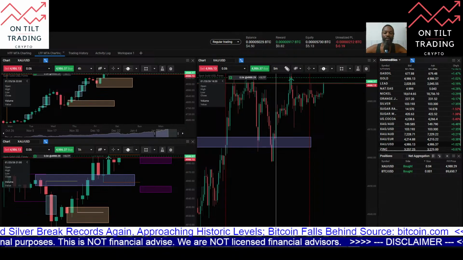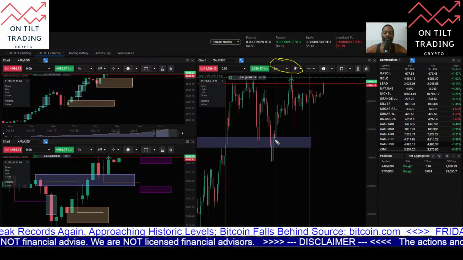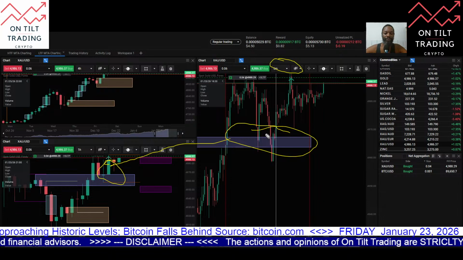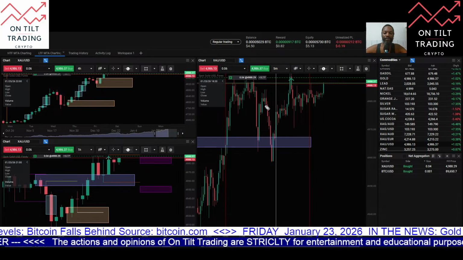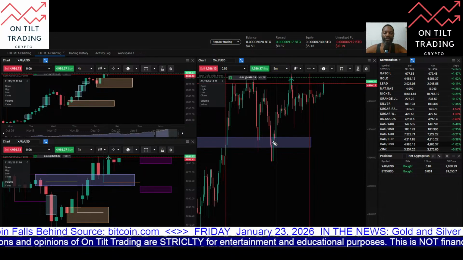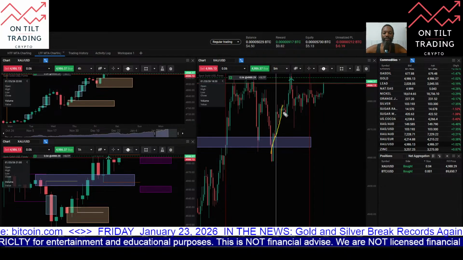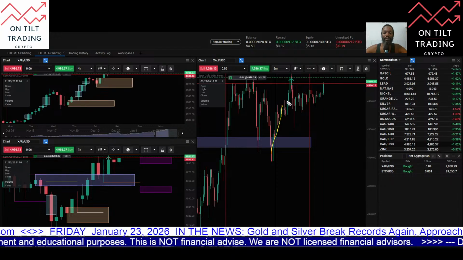And again here on the 5-minute, this is that same order block, just refined to the 5-minute chart. You can see price action trading into that order block and then into this breaker block and then delivering to the buy side.